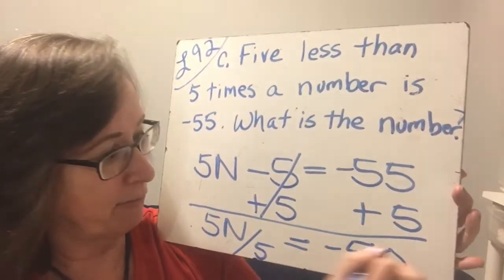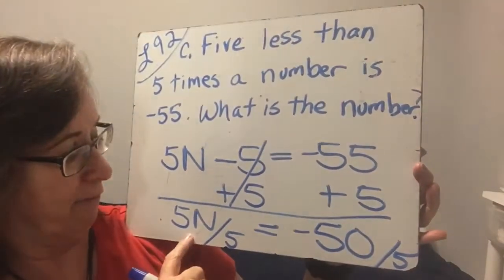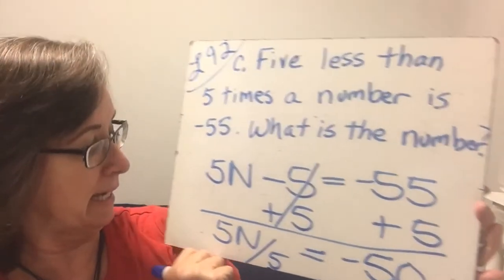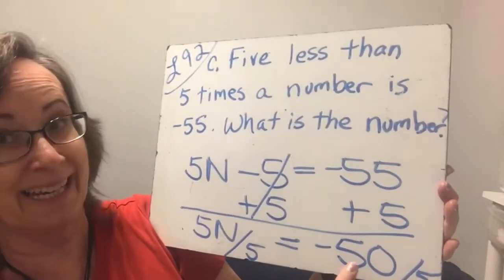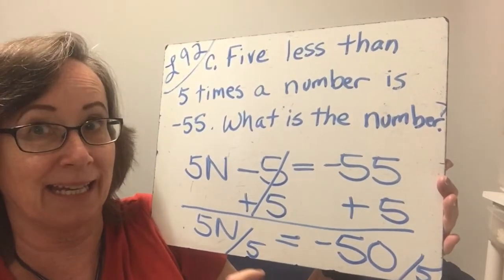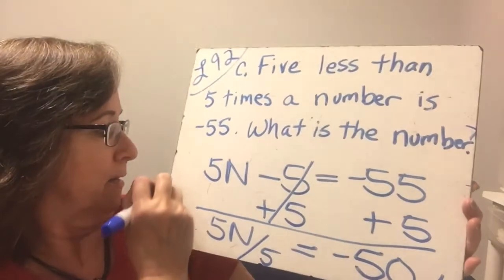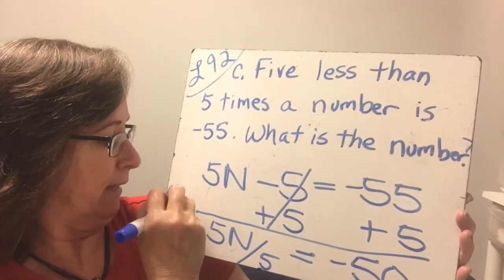Divide by 5, divide by 5, and 5n divided by 5 gives me n. And then over here, a negative divided by a positive is a negative 10. So n equals negative 10.